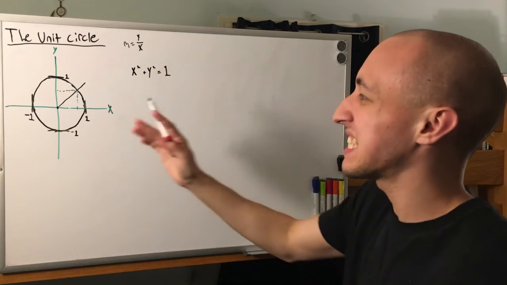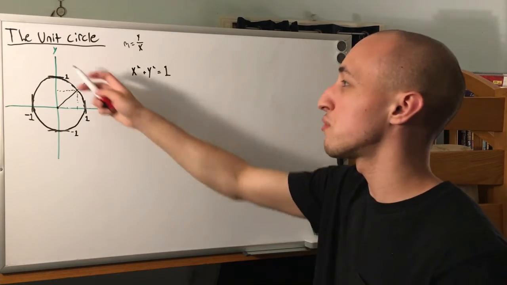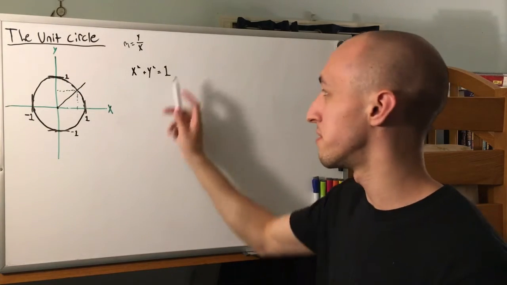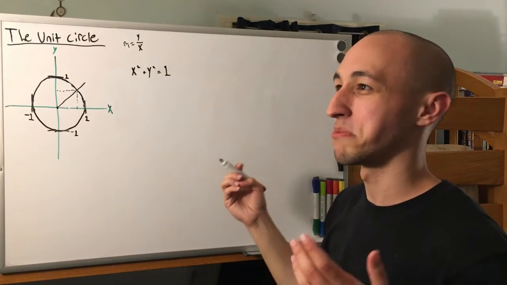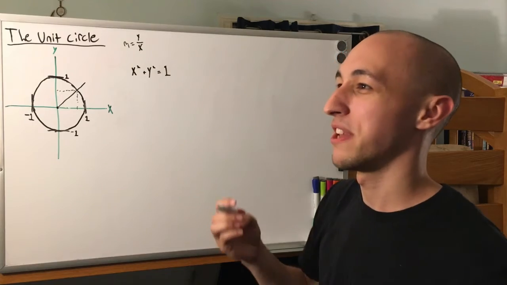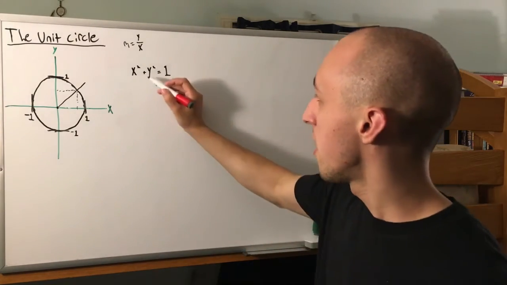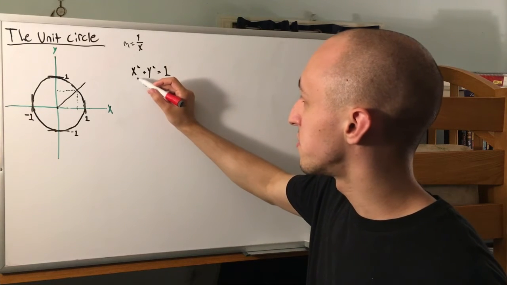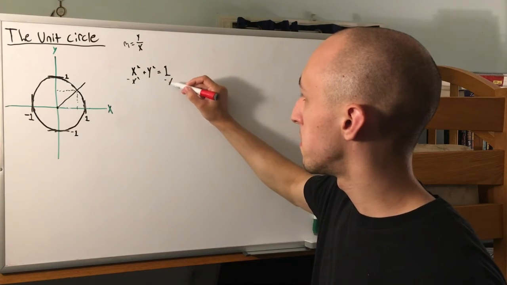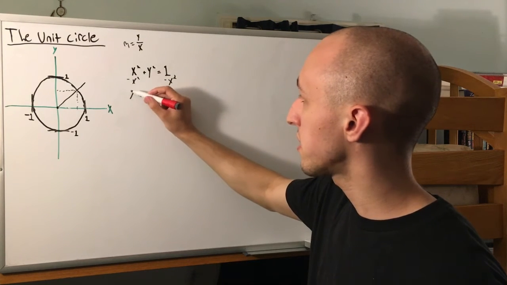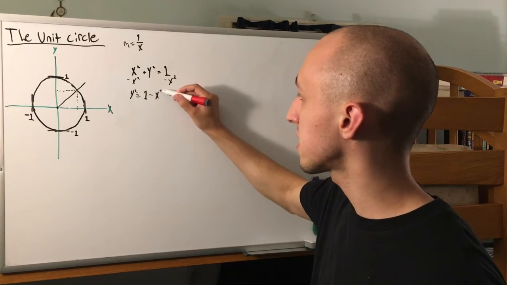Now, of course, this isn't a function, right? There's no dimension being a function of another dimension in this. y and x are kind of both equal in terms of which one's independent or dependent, right? We can change that, okay? What we're going to do now is subtract x squared from both sides of the equation, and what we get is y squared equals 1 minus x squared.